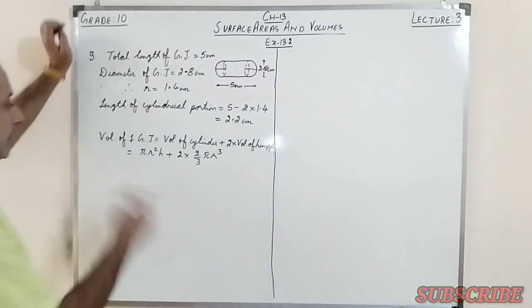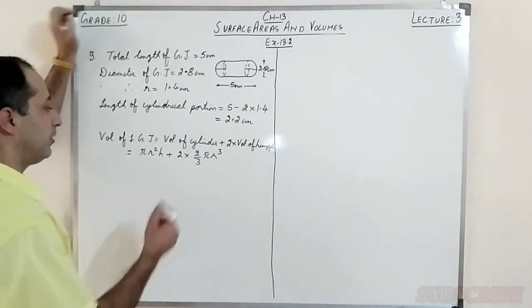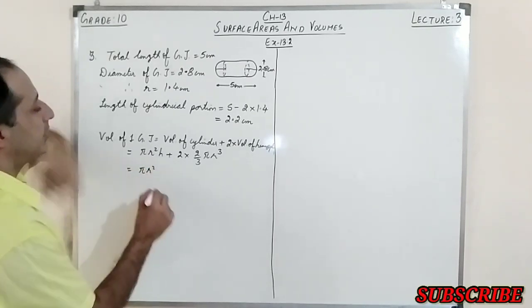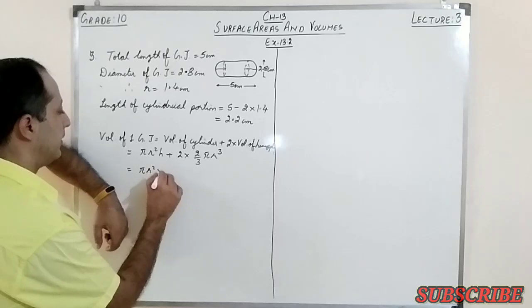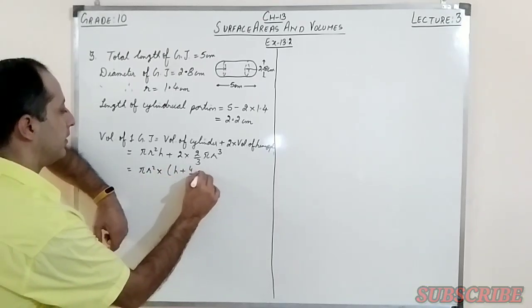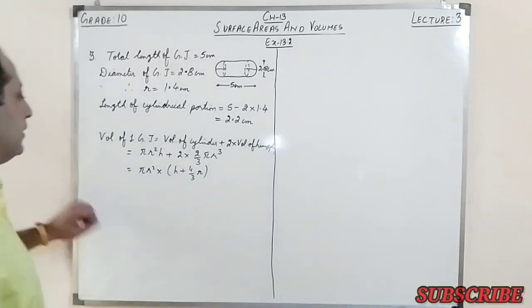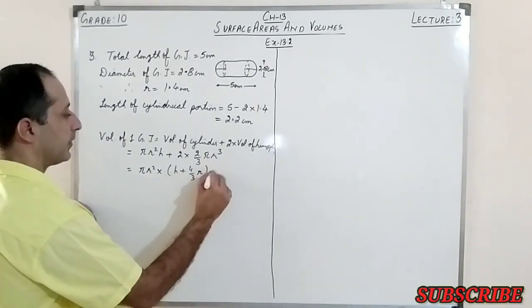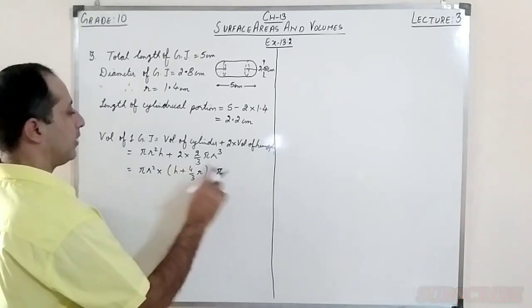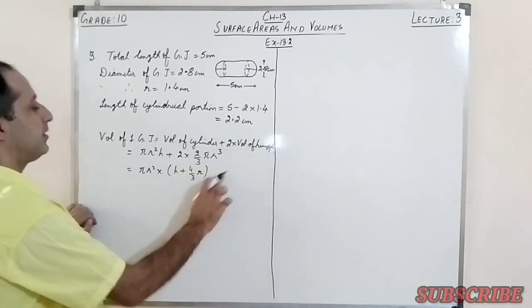We can take pi r square common here because the radius is the same. So this is pi r square, and inside the bracket we have h plus 4 by 3 r. Let's leave it here only.